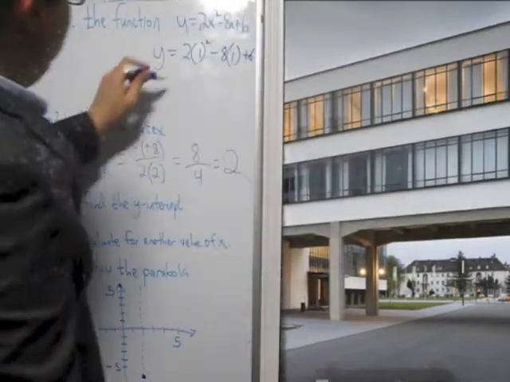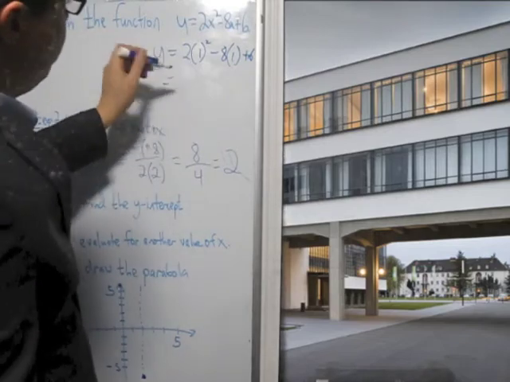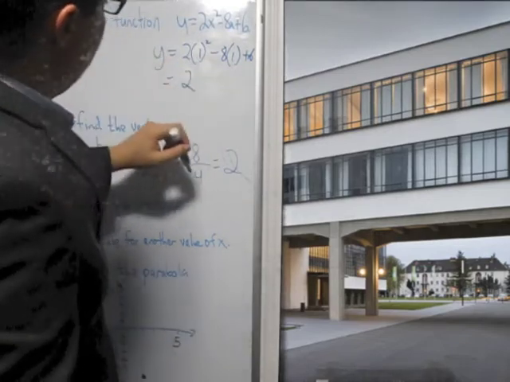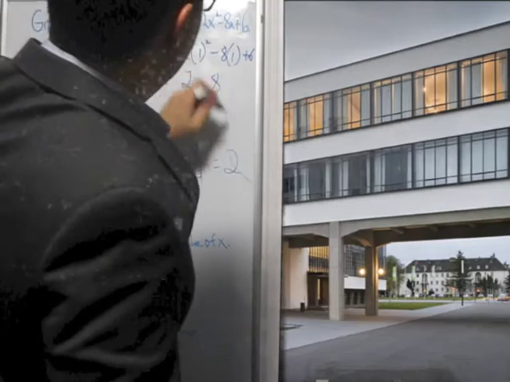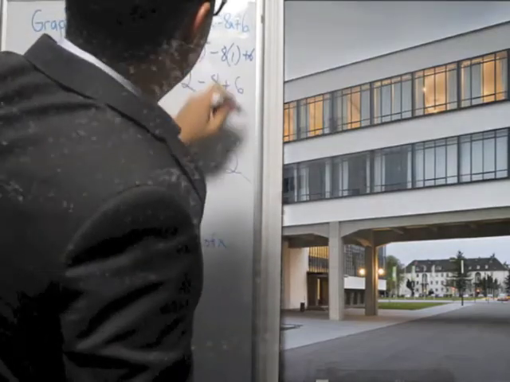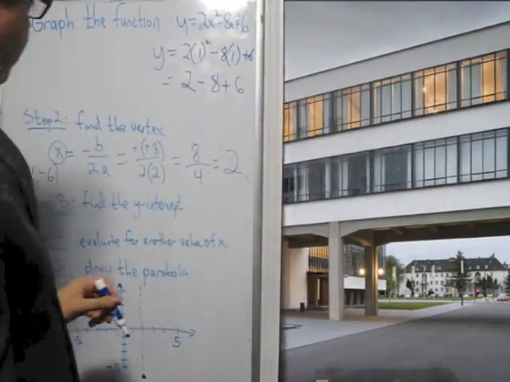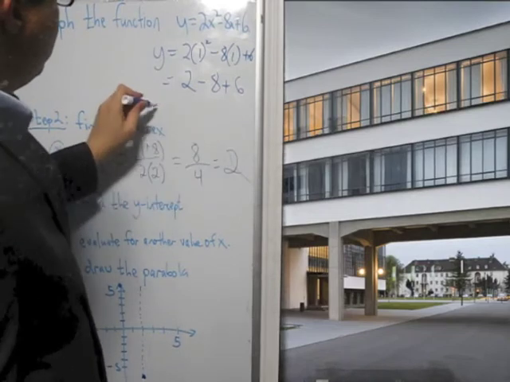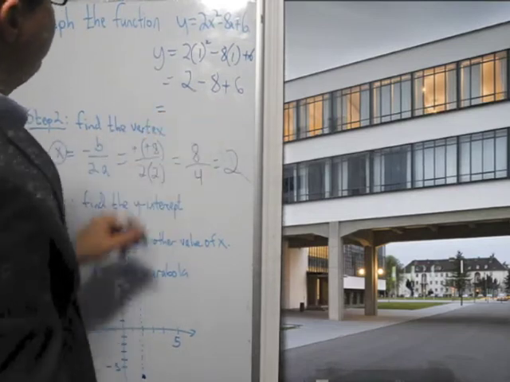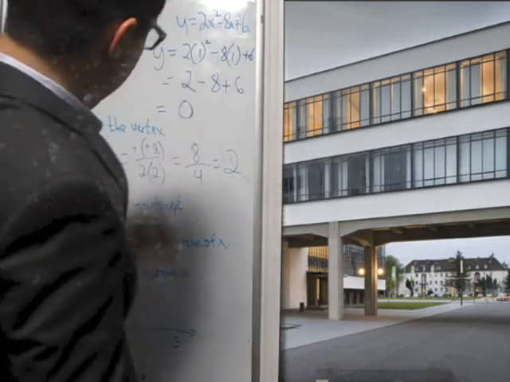This will become 2, because 1 squared is 1 times 2 is 2. The middle term becomes negative 8, and this term here is plus 6. So I have 2 minus 8 plus 6. 2 minus 8 is negative 6, plus 6 is 0, so y equals 0.